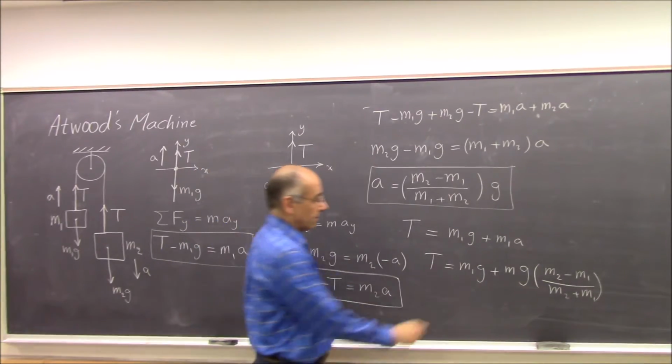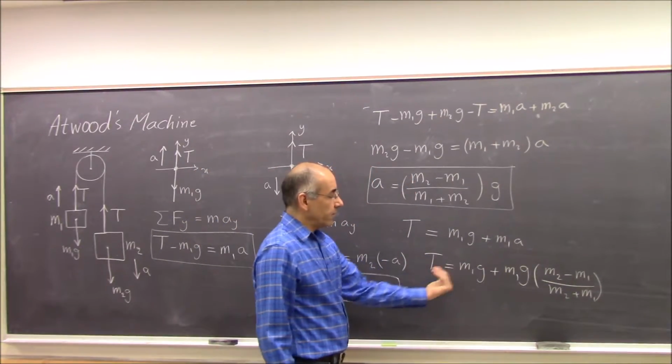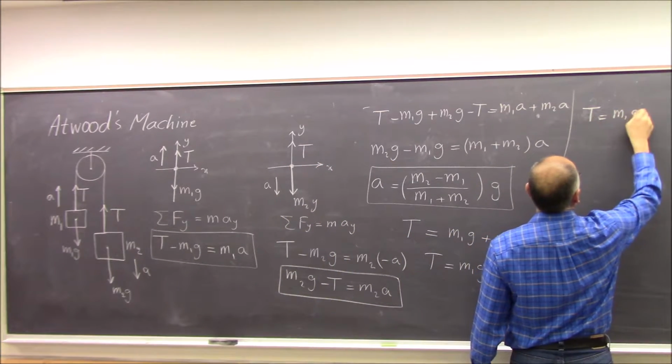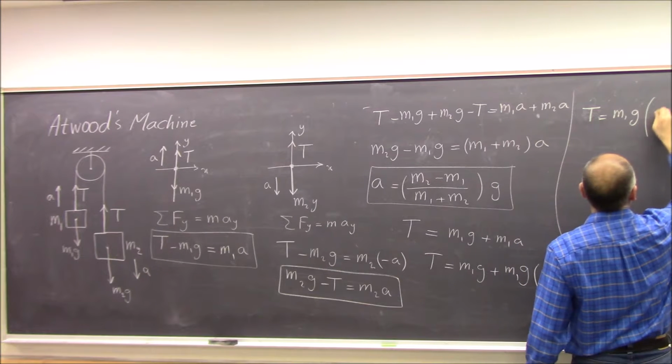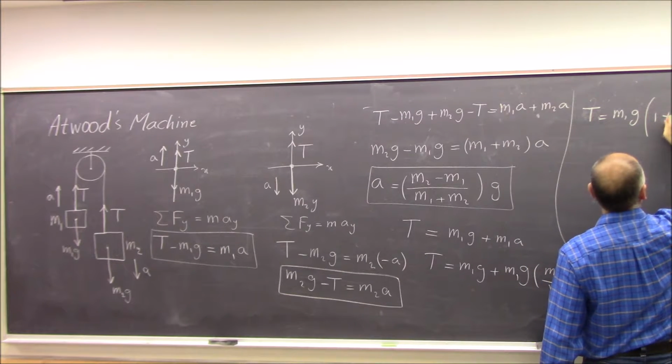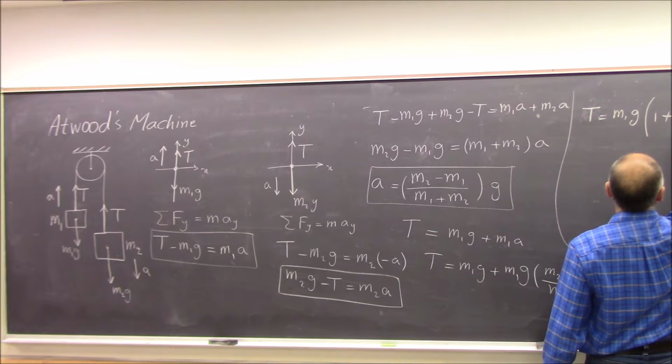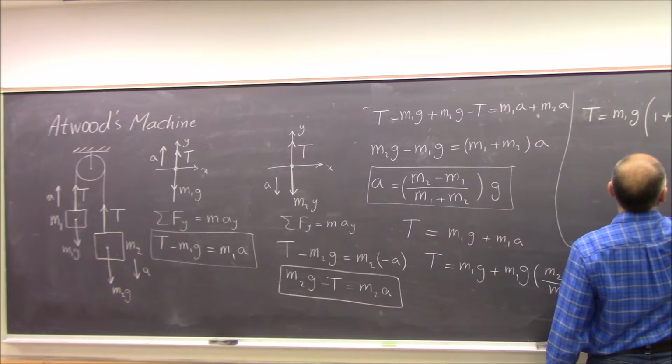And you see M1G can be factored: M1G times 1 plus M2 minus M1 divided by M2 plus M1.